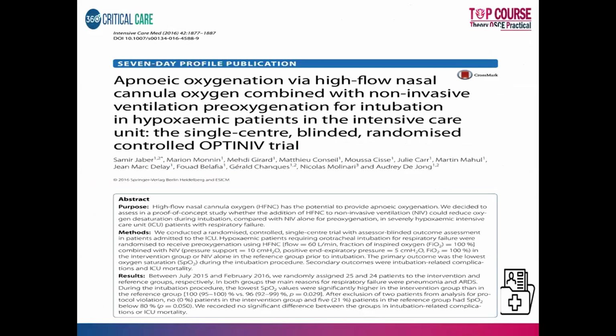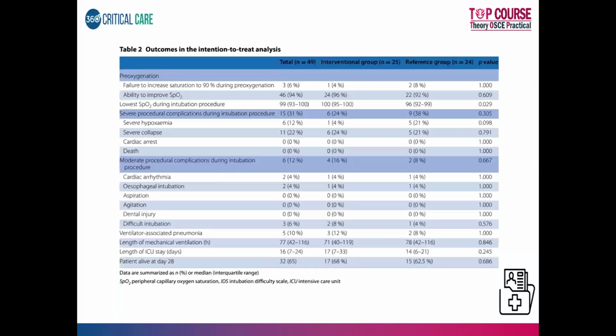Now, there was a trial published in 2016, the OPTI-NIV trial. What they did here was use both NIV plus HFNC in pre-oxygenation. They connected HFNC and put an NIV upon that, and compared it with NIV only as a pre-oxygenation method.